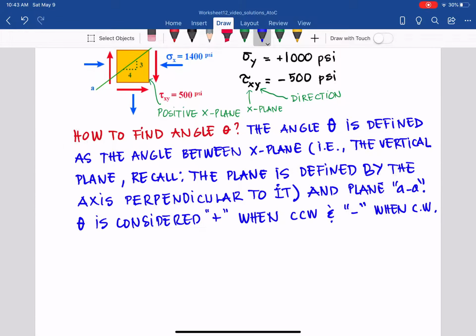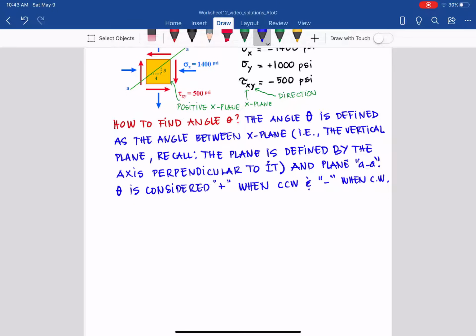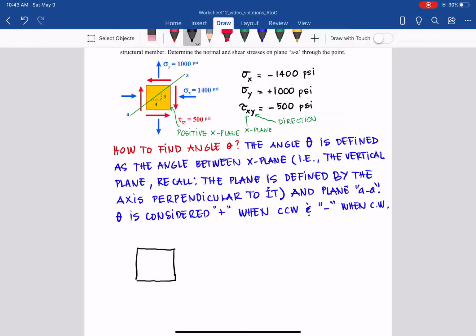If I redraw the yellow block here, so that you can see how to find theta, you have the plane AA.